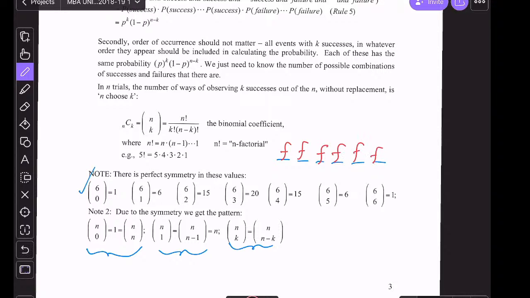How many ways are there of arranging those F's that are unique? How many unique ways are there of arranging the F's? That's the question you're answering with 6 choose 0. There's only one way. Okay, it's just the one I wrote. Got it?